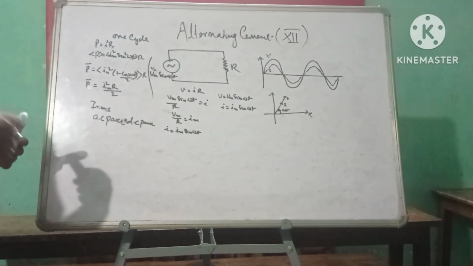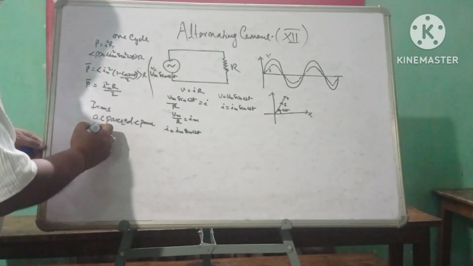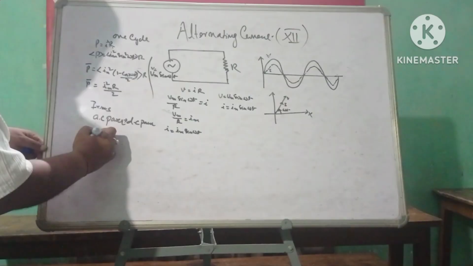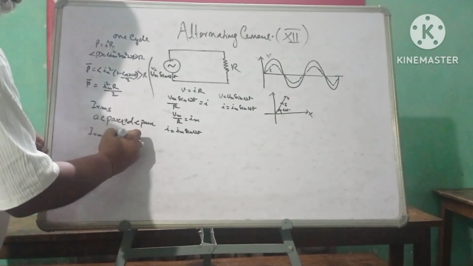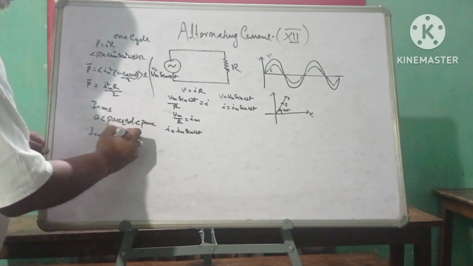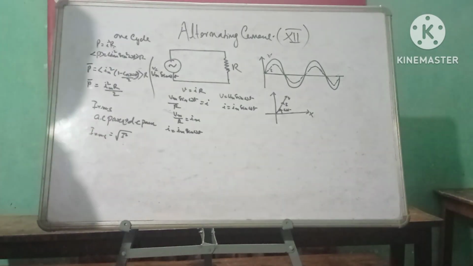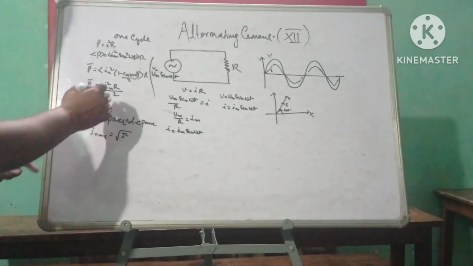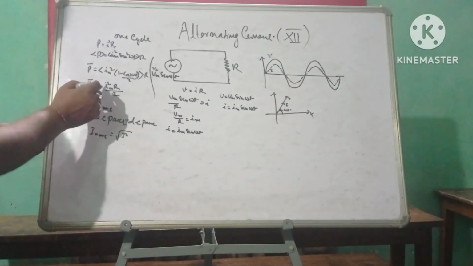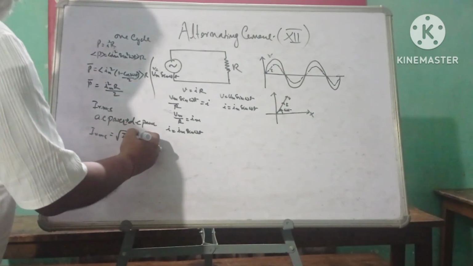So here, IRMS means root of I square average. In the average power, this is your I square average.